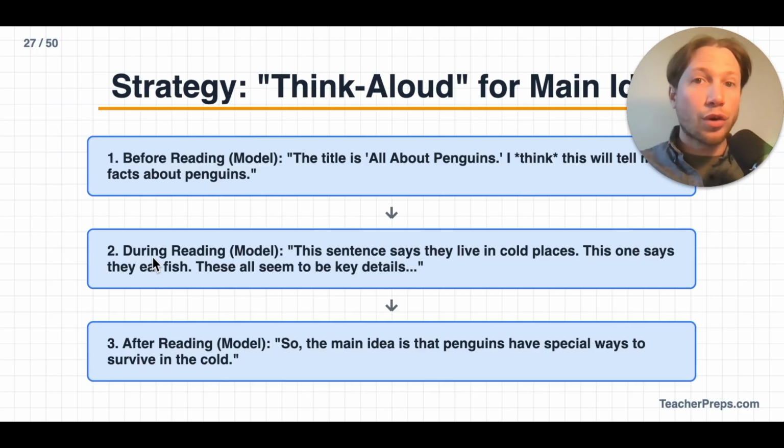And then during the reading, the sentence says they live in cold places. This one says they eat fish. They seem to show us key details. And then after reading, we still want to engage in think aloud modeling for our students, and we might say something like, so the main idea is that penguins have special ways to survive in the cold.